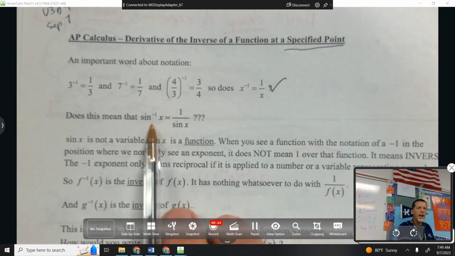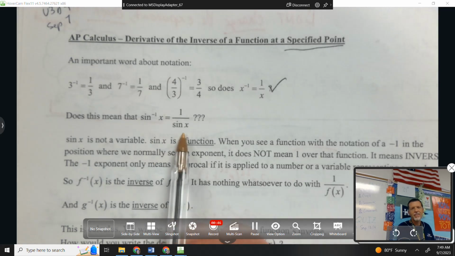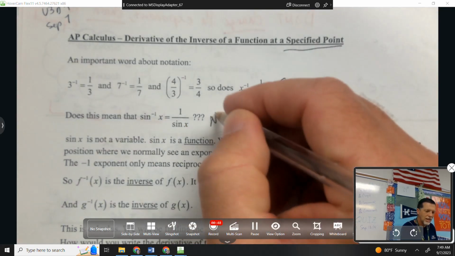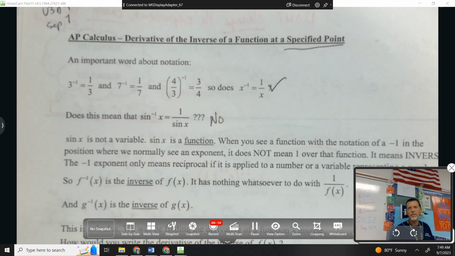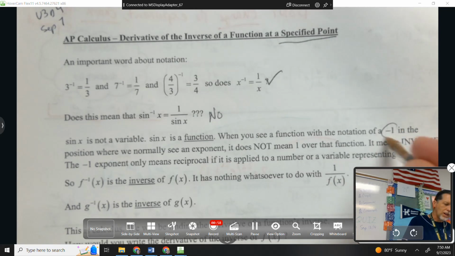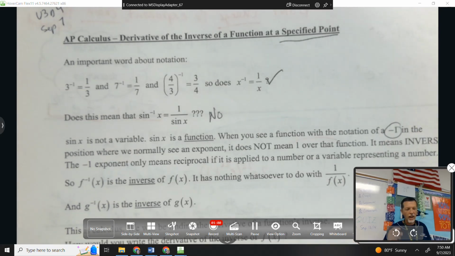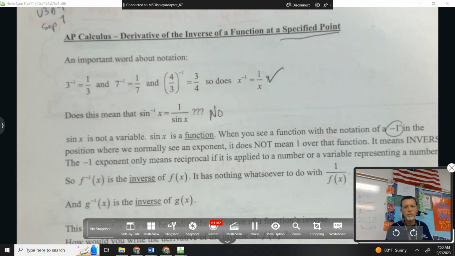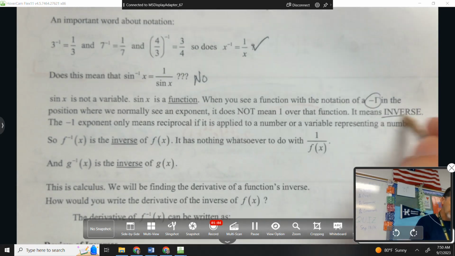But sine to the negative 1 of x does not mean 1 over sine of x. It means the inverse sine of x. And so it's tricky when you see a function with a negative 1 in the exponent spot. It does not mean 1 over, it means inverse.